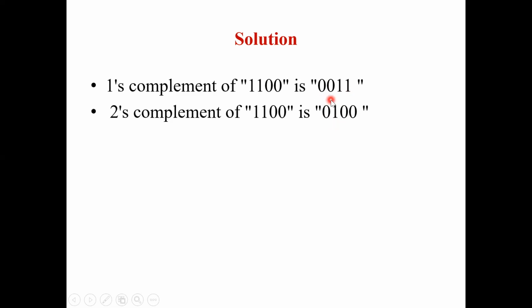Uske saath, for 2's complement, you have to add 1, no? So when I add 1, क्या हो जाएगा, 1 plus 1 यहाँ पे add करो, नीचे 1 हो जाएगा. 1 plus 1 is 0, then carry 1. Then 1 plus this again 1, so 0 carry 1. 1 plus 0 is 1 and this 0 becomes 0.